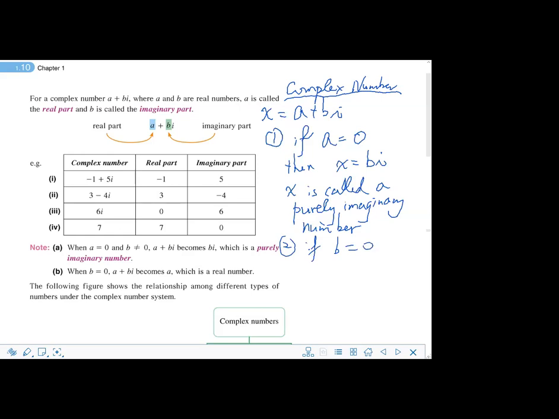If b is equal to 0, then x is just equal to a. Okay, x is just equal to a. Then there is no I part, no imaginary part. Then we will call x a real number.